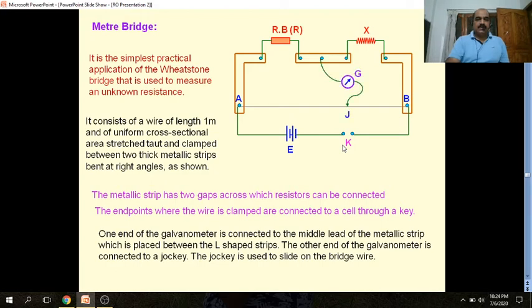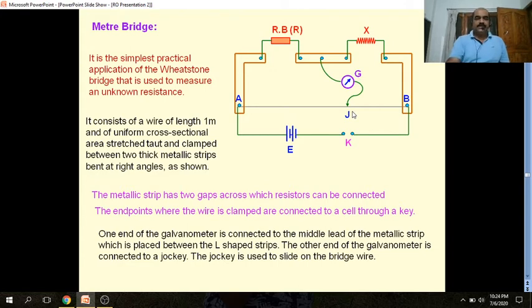One end of the galvanometer is connected to the middle lead of the metallic strips, which is placed between the L-shaped strips, and the other end of the galvanometer is connected to a jockey, a metallic pencil-like rod, which is used to slide on the bridge wire. So this is the construction of a meter bridge.